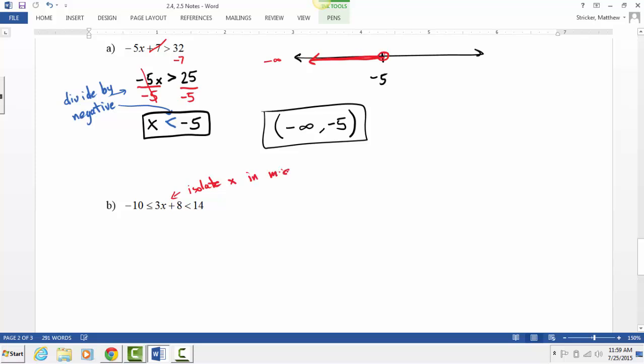When you do that, you also have to do it on the outside in both places. So if I want to subtract 8, I have to subtract 8 everywhere, on the left, in the middle, and on the right.